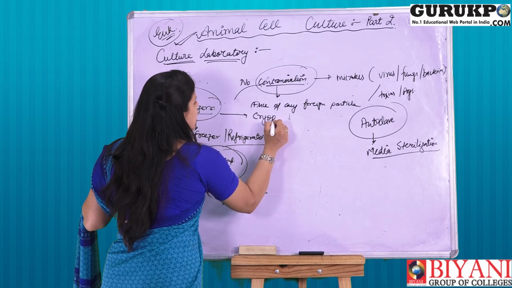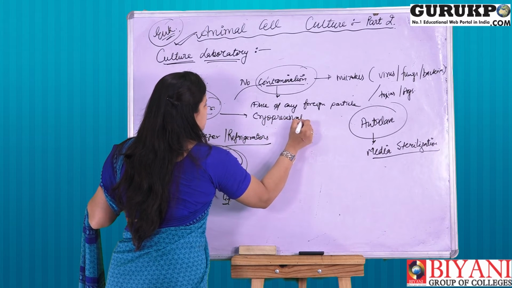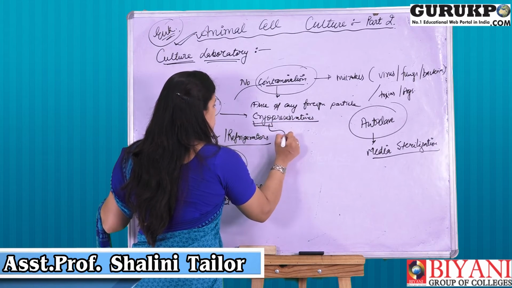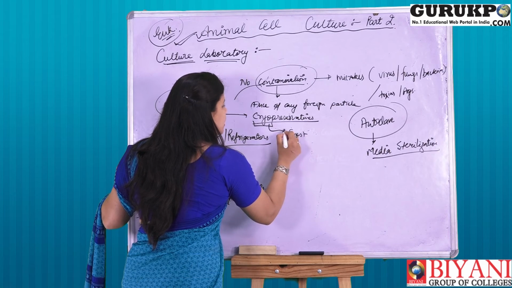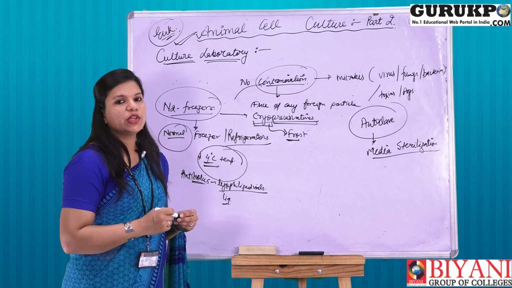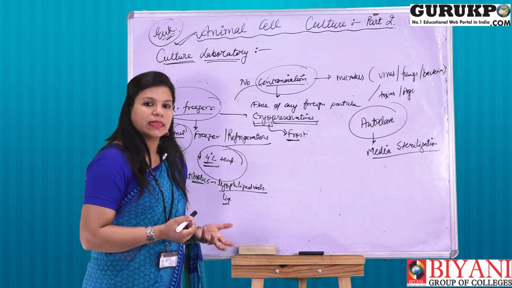But what if we need a temperature very much below or in the negative degrees, then there is the need of cryopreservatives. Cryo means frost or the freezing temperature, and preservatives, we all understand the components which are used for preserving the specific thing.